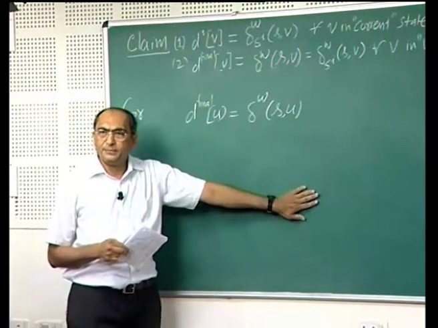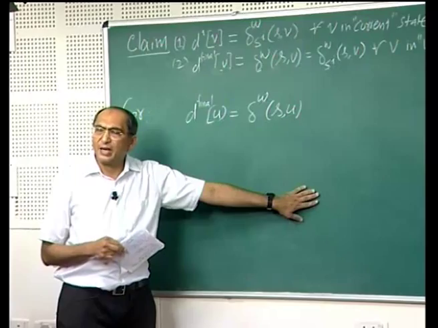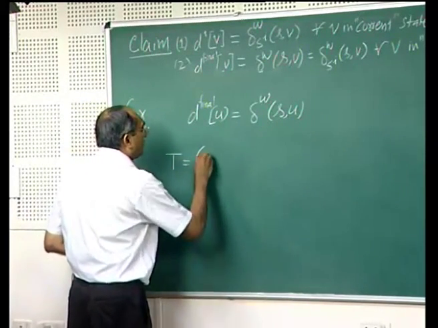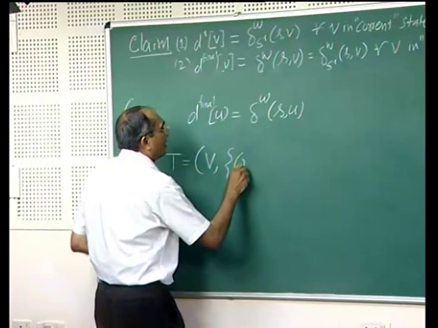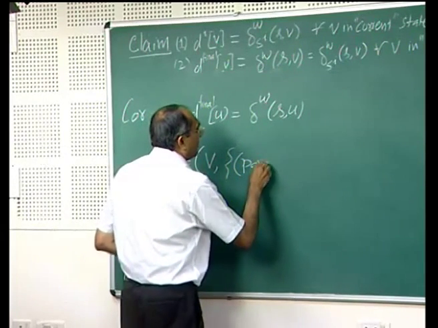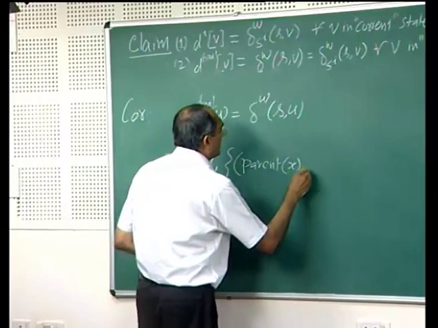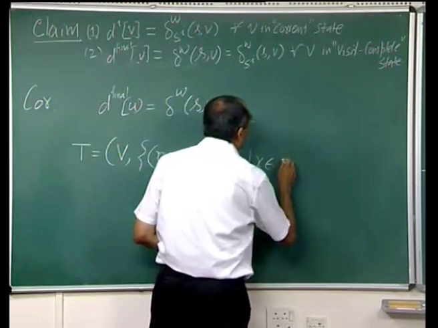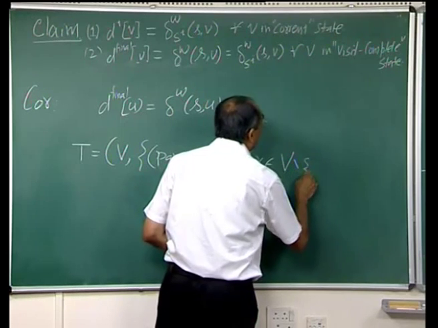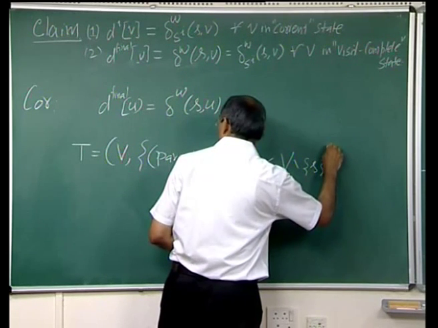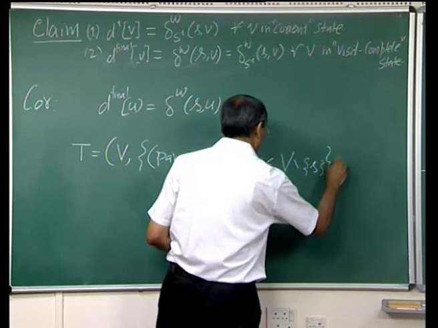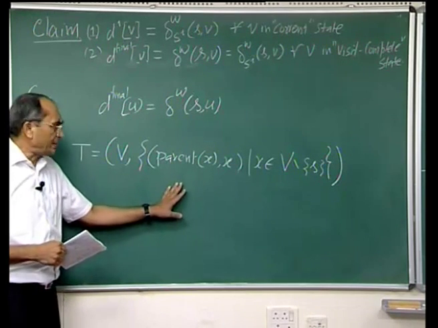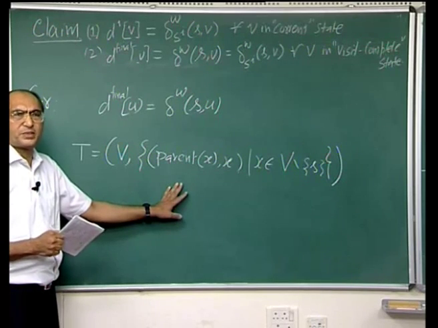And finally, the graph that we output, the set of tuples (parent of x, x) for all x in V minus S, is indeed the weighted shortest path tree.